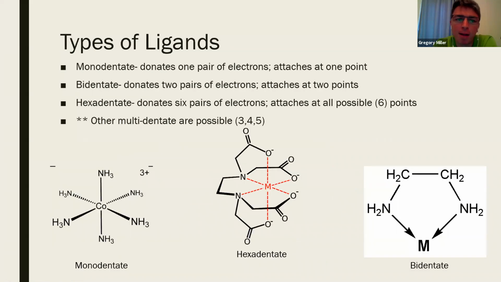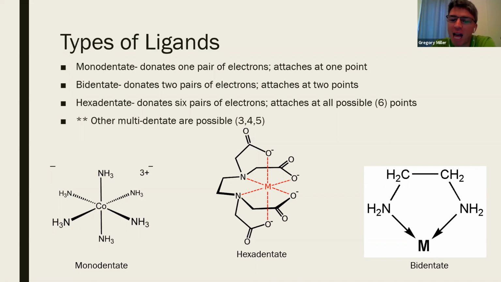And chelation bonds occur between usually a metal center, or at least a very small electropositive atom, and another molecular compound called a ligand. A ligand is just something that attaches through chelation bonds.